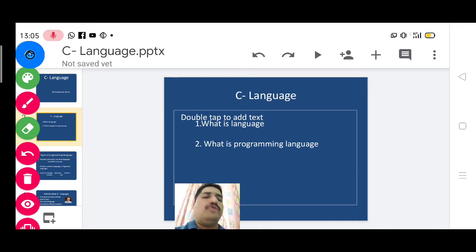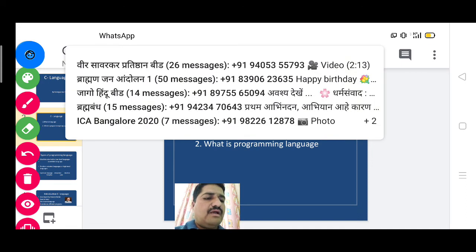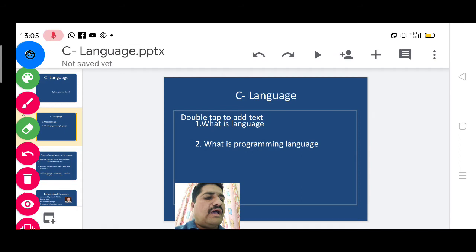When a computer is asked to perform a job, we need to give instructions to the computer. A set of instructions is called a program. To write a program, we need the programming language.